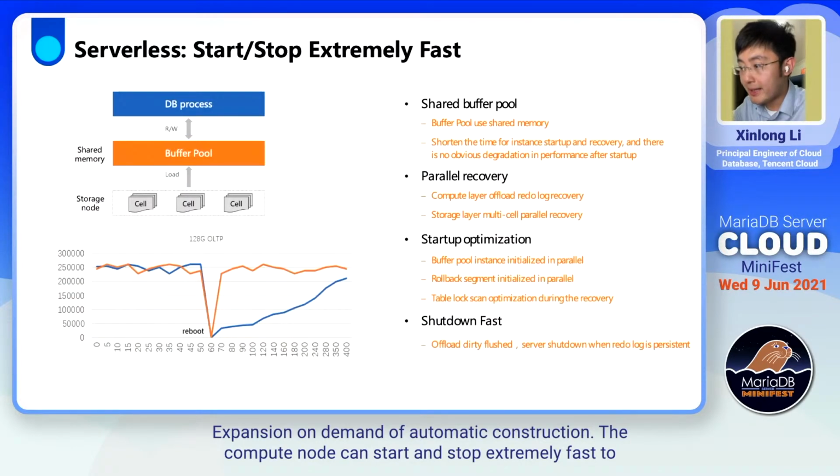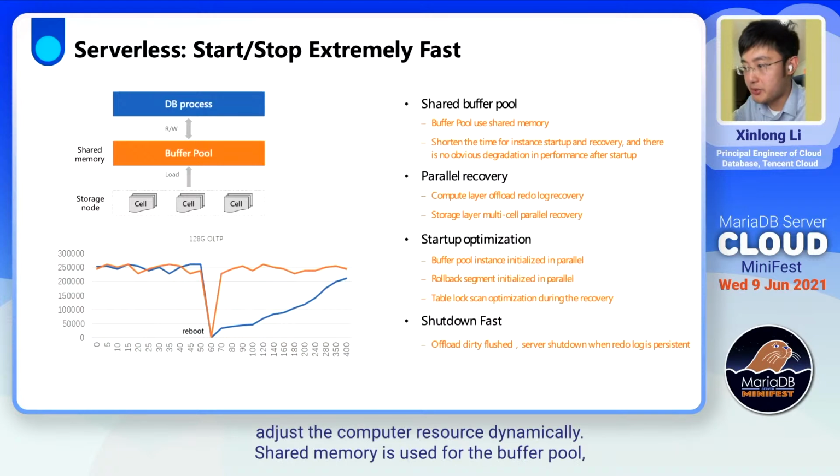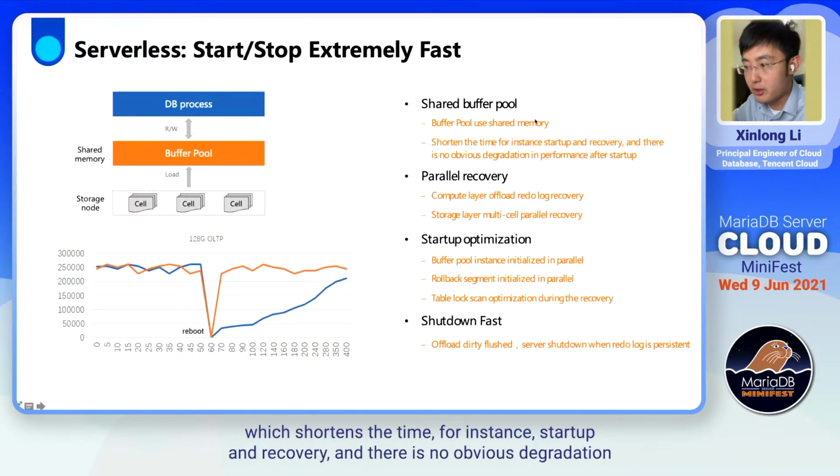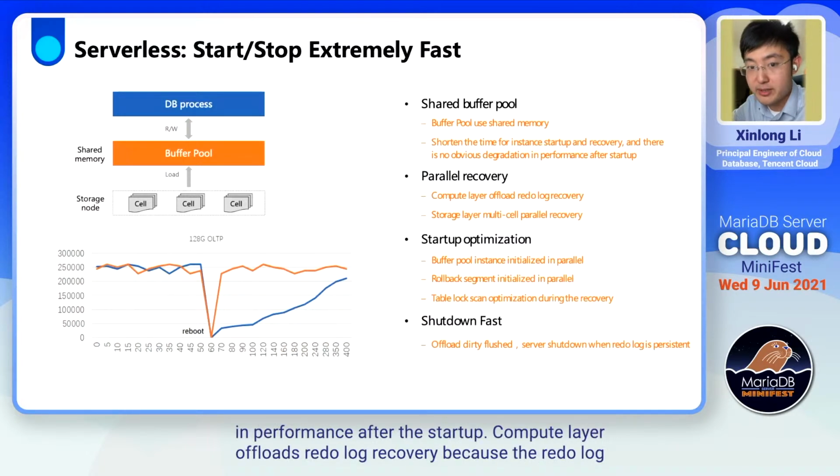The compute node can start and stop extremely fast to adjust the computing resources dynamically. Shared memory is used for the buffer pool, which shortens the startup and recovery time, and there is no obvious degradation in performance after the startup.